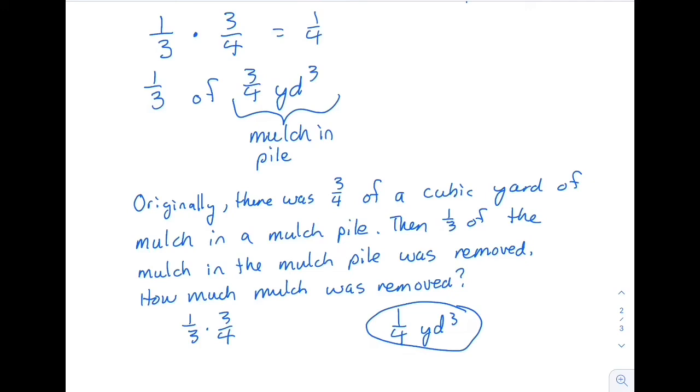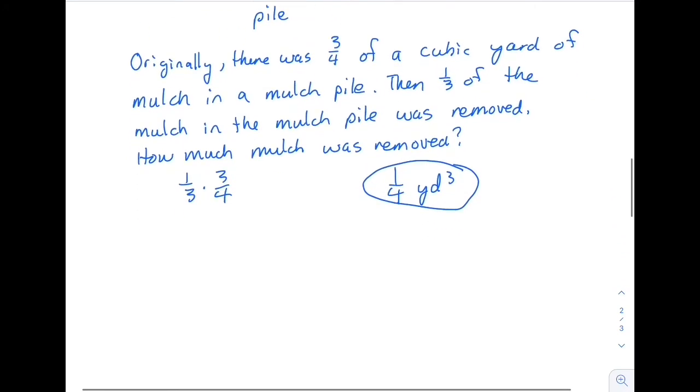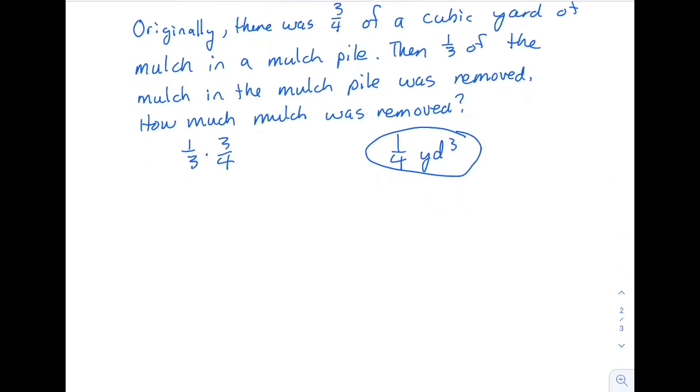All right, now to get subtraction, let's look at that one. We want 3/4 minus 1/3. We have our cubic yards, and we know that we need to have matching units for subtraction. So we're asking how many cubic yards remain.